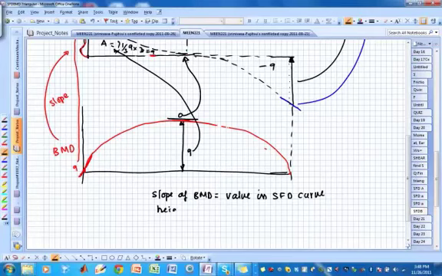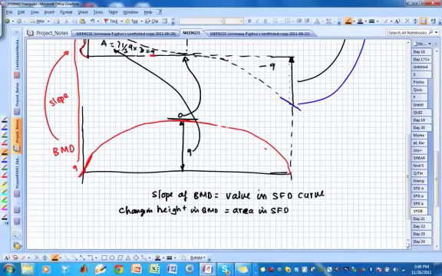Height in BMD, or change in height, equals area in SFD. So remember that, okay?